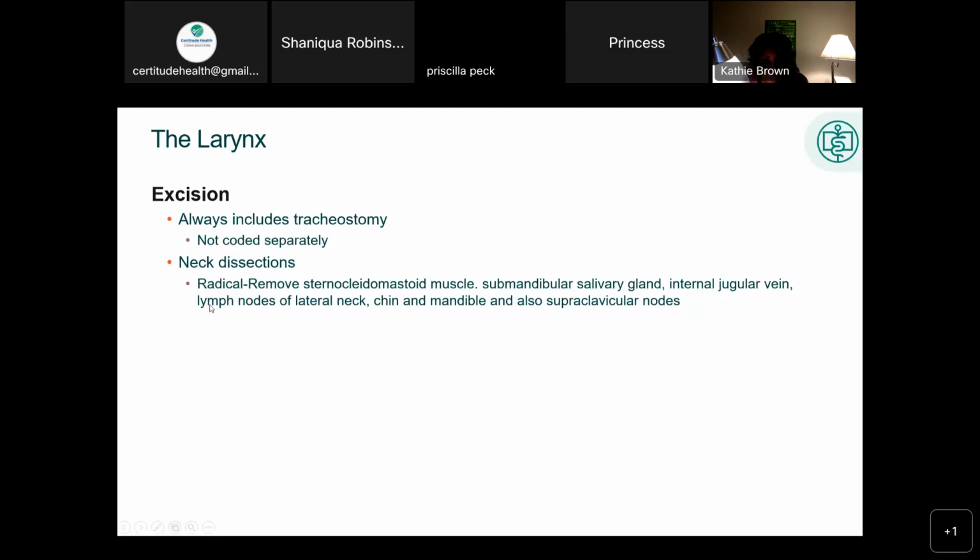That's what would be considered radical. The only reason they would do all of this in one procedure would be because the patient had cancer. Cancer can spread to your lymph nodes first, so they want to be sure that it doesn't spread. So they just take out all of that, the muscle tissue, the jaw, the chin, they remove it all.